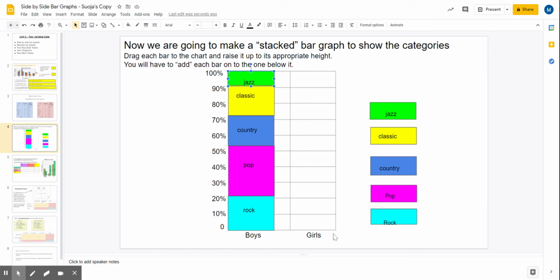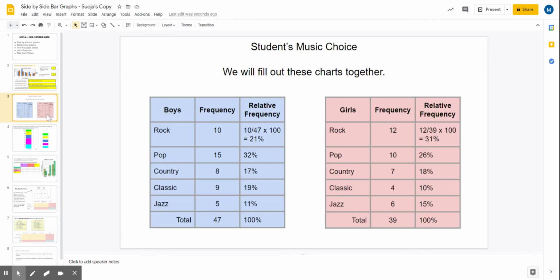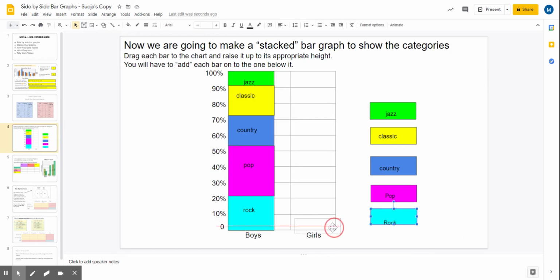Okay, so let's do it again with the girls. So girls and rock are 31%. Let's grab the girl bar over here. That's the first one's the easiest one to do. We're going to stretch that one to 31%. So that one stretches way up there.